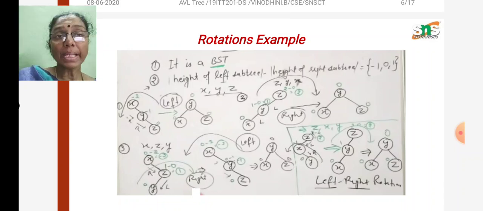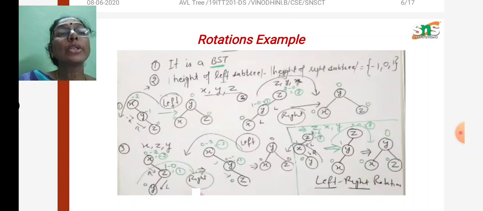So there is an imbalance. Whenever the balance factor reaches -2 or +2, we have to rotate the three nodes x, y, z. After the rotation, the middle element y comes to the root, with x on the left and z on the right of y. This is the single left rotation.